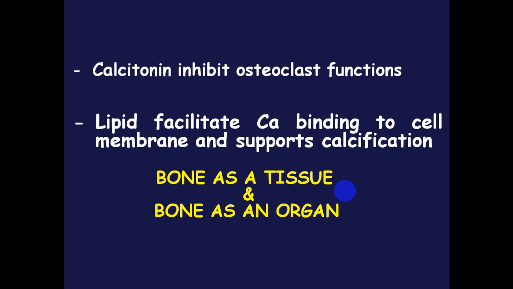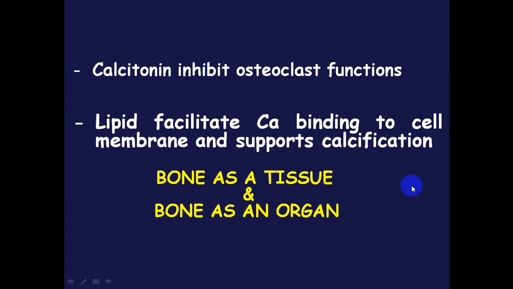In contrast with PTH, the main function of calcitonin is to make calcium deposition into the bones. So the transport and deposition of calcium into the bone is mediated by calcitonin.